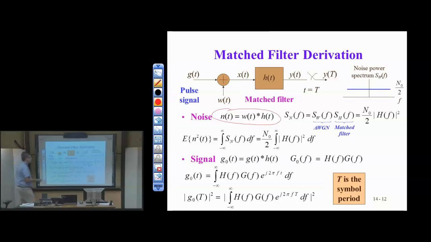The problem is that the Gaussian random signal here doesn't have a Fourier transform. That's the bad news. But it has a power spectrum. So we can apply the same idea to the power spectrum: the power spectrum of this filtered noise is the power spectrum of the noise input into the filter times the magnitude response squared of the match filter. So we can multiply in this power spectral domain.